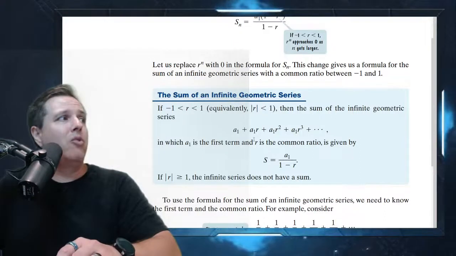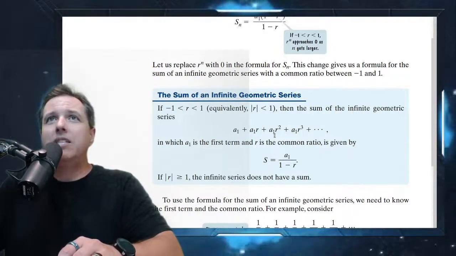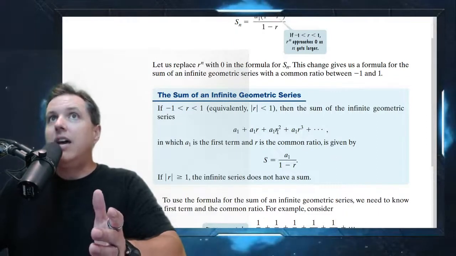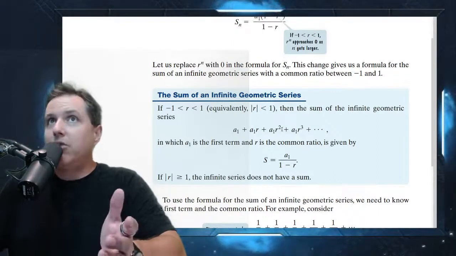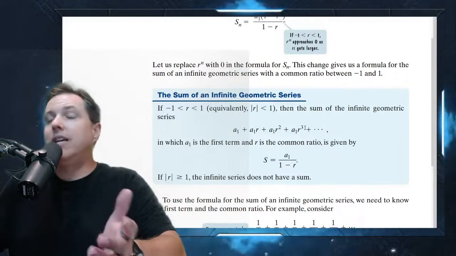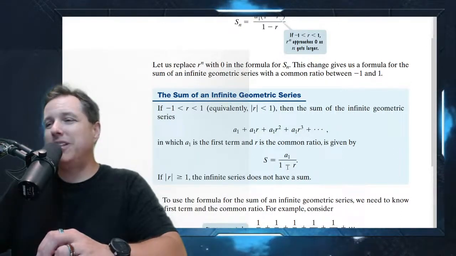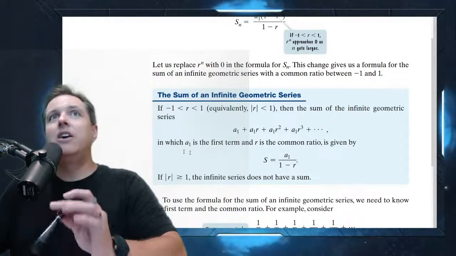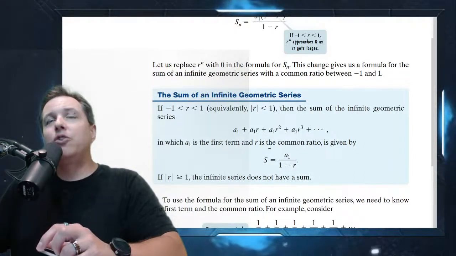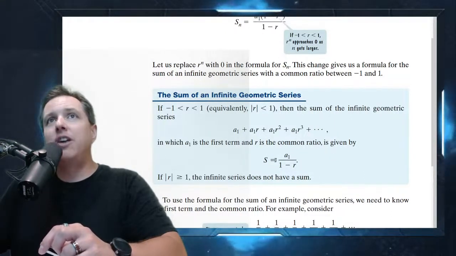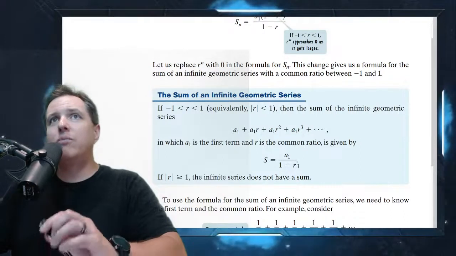So this might seem weird where you go, why do they keep putting a sub 1 in there? Well, a sub 1 times r is a sub 2. A sub 1 times r squared is a sub 3. A sub 1 times r cubed is a sub 4. That's how you get those terms. And look how easy this formula is. How convenient is that? In which a sub 1 is the first term and r is the common ratio, the sum is given by a sub 1 over 1 minus r.